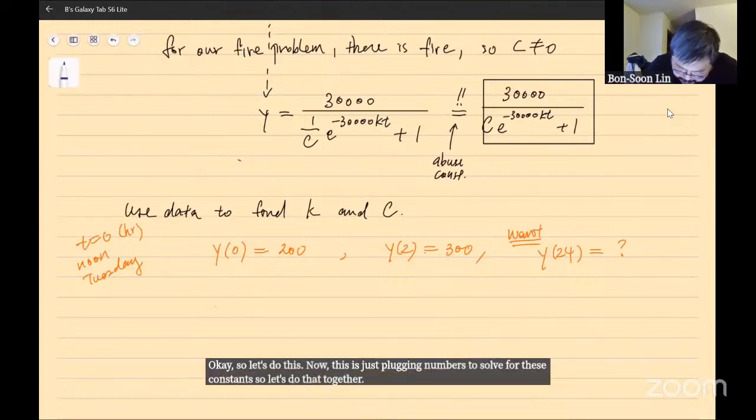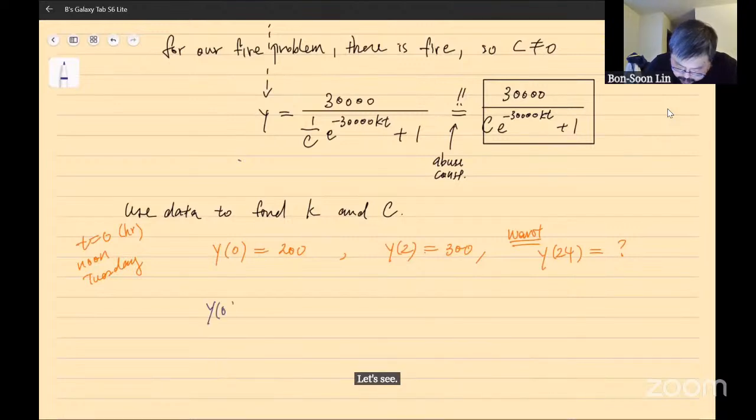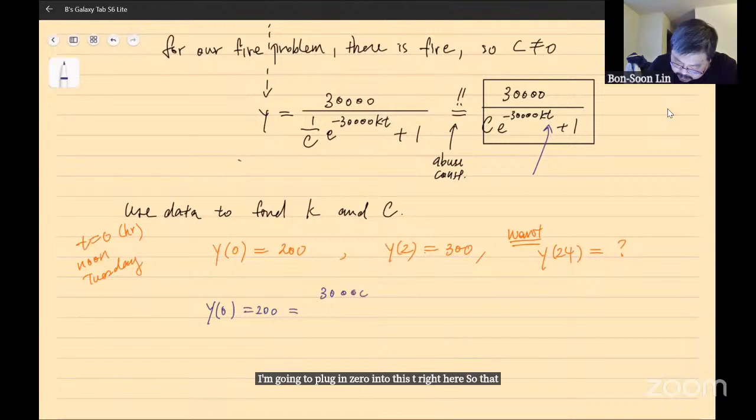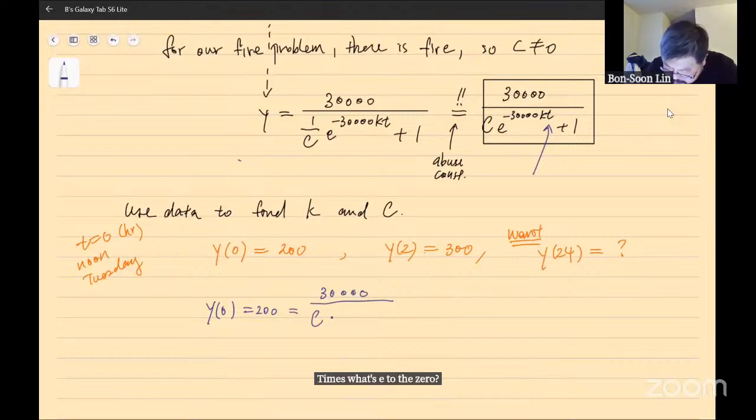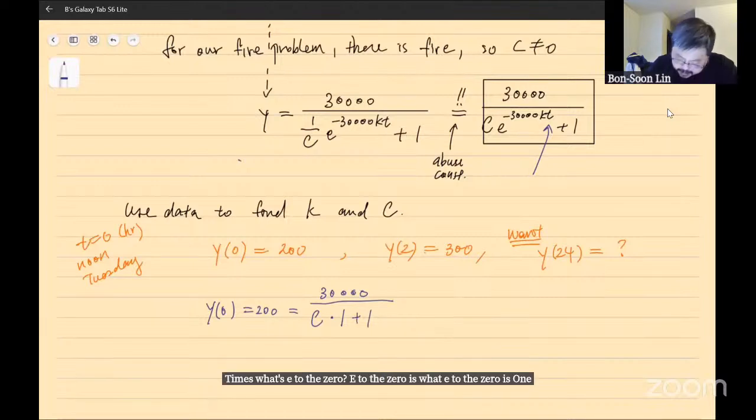Let's see. y of 0 is 200. I'm going to plug in 0 for t right here. So that means 30,000 divided by c times e to the 0 plus 1. What's e to the 0? E to the 0 is 1.